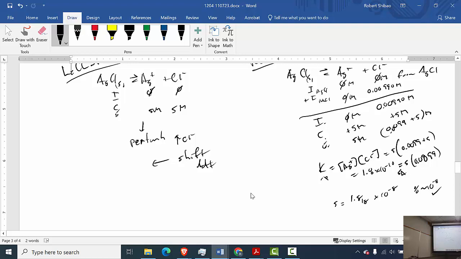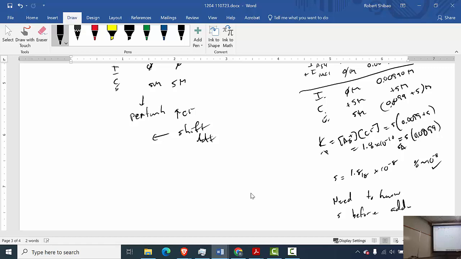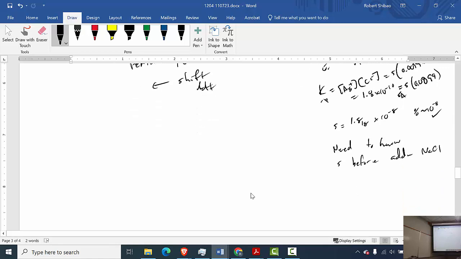But in this case, I'm going to have to do it because I need to compare it with how much was in there before. So here, we need to know what the solubility was prior to the common ion. And so I'm going to go ahead and calculate it here.